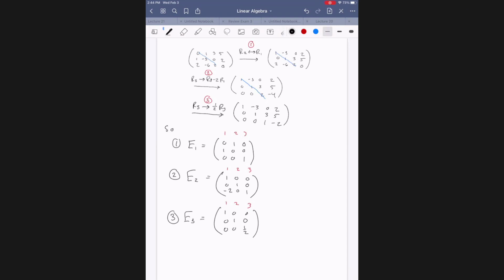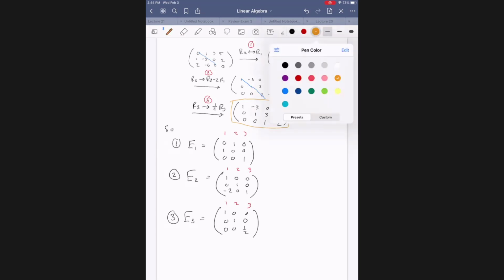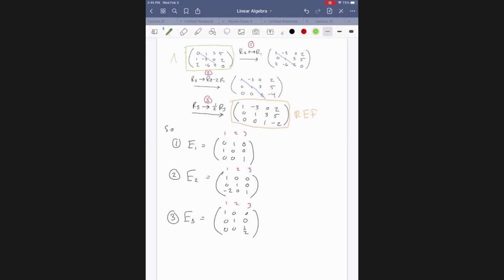so if I want to express what I just did by hand, this guy right here was my REF form, right? And this guy right here was my original matrix A, right?